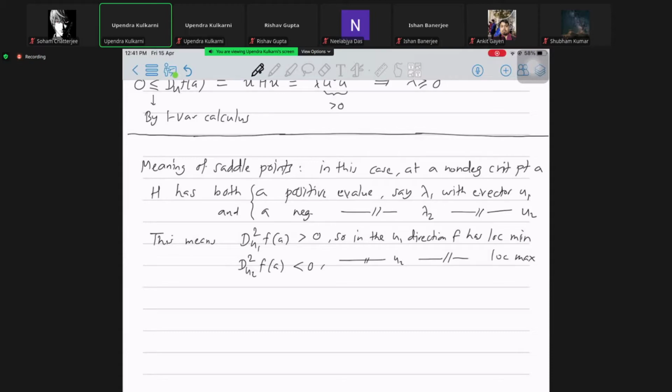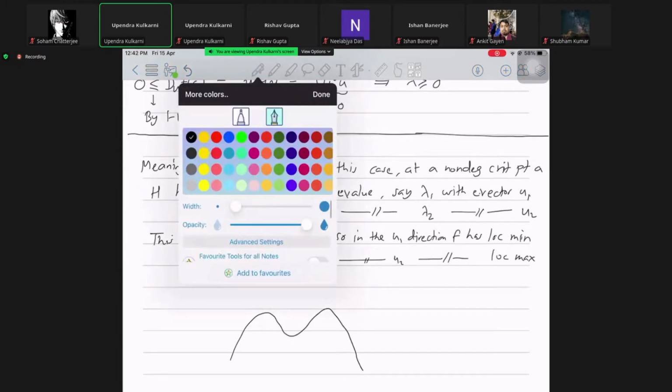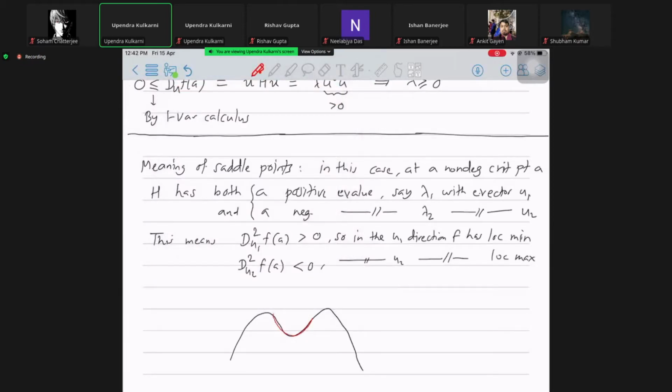So let me see if I can draw the picture from yesterday. So this is the graph of f, and I have, let's say, this direction.